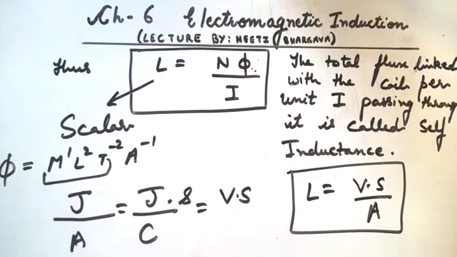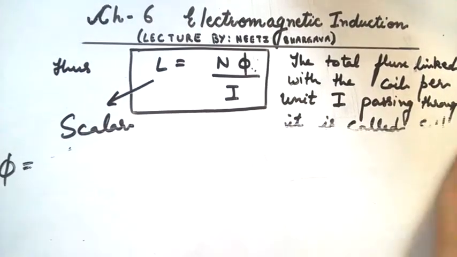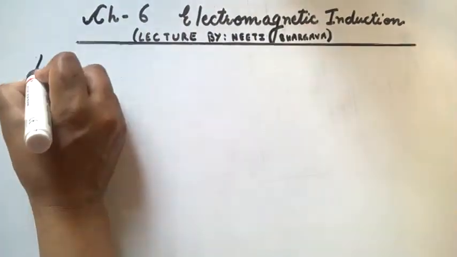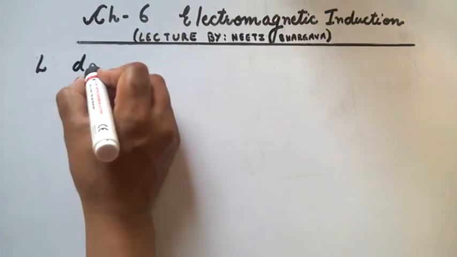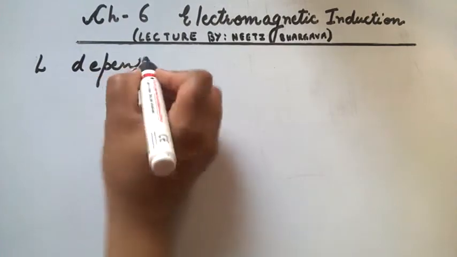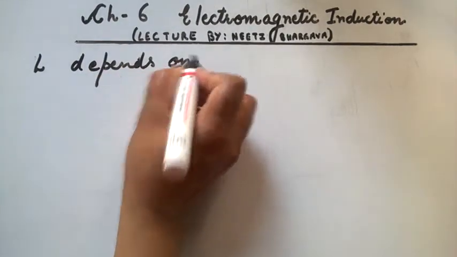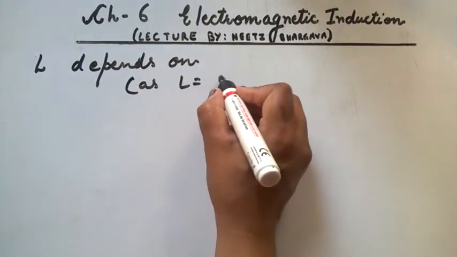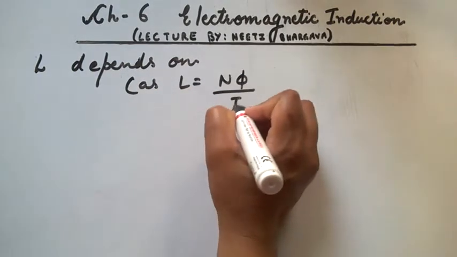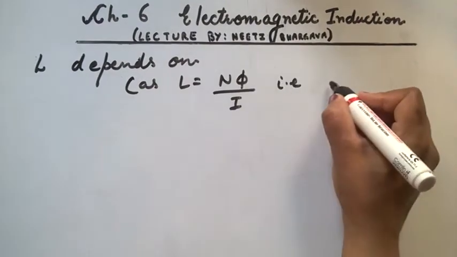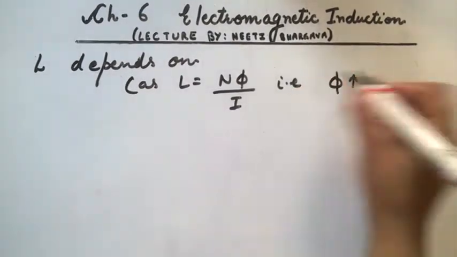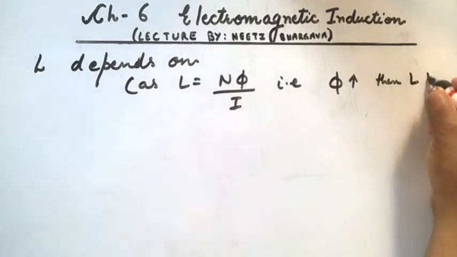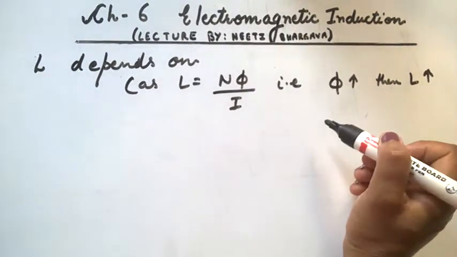Now let's study the factors on which self inductance depends. Self inductance depends on the geometry of a coil. As we know, L is equal to N phi by I. That is, if flux increases, then L will also increase, and vice versa.